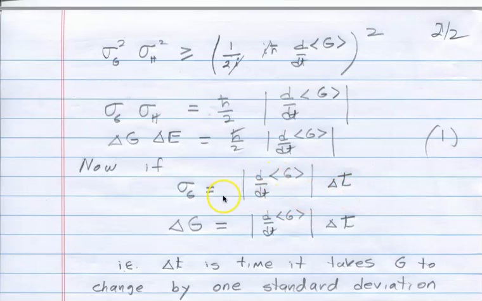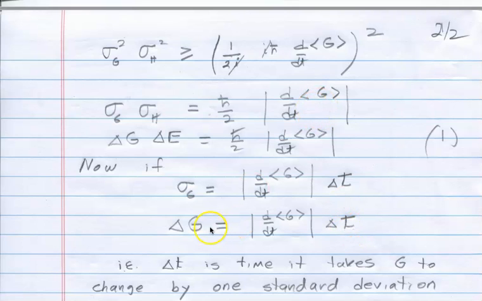So it's really a propagation of error formula. And so I get that relationship: the uncertainty in G is this derivative times the uncertainty in the time.